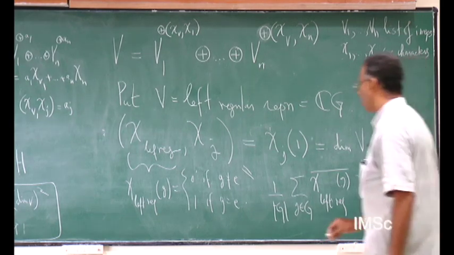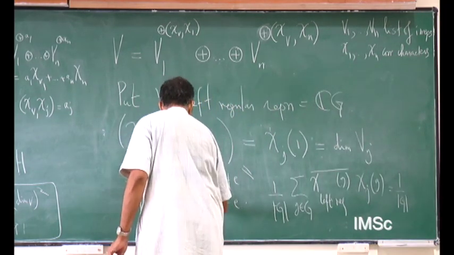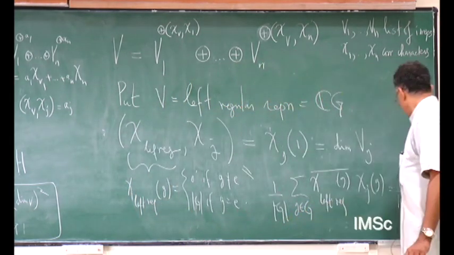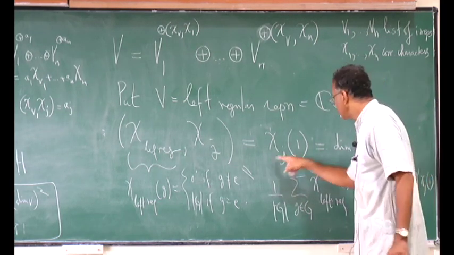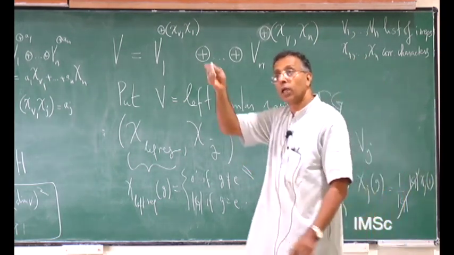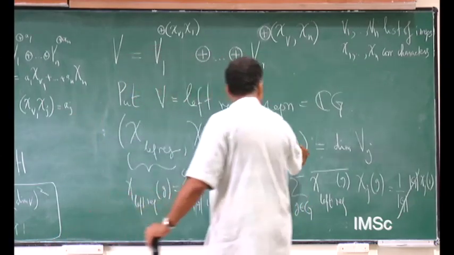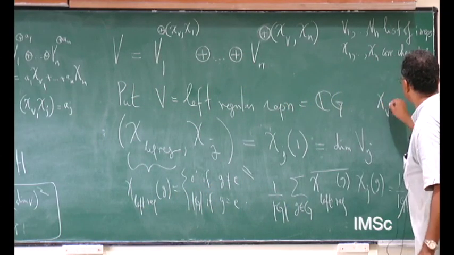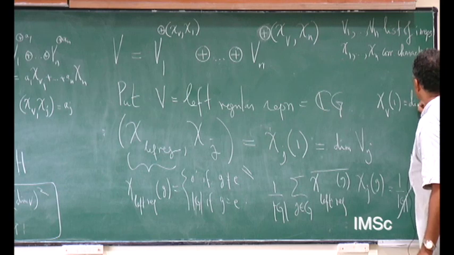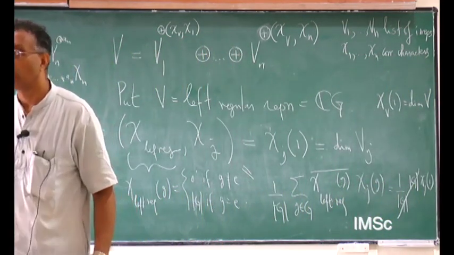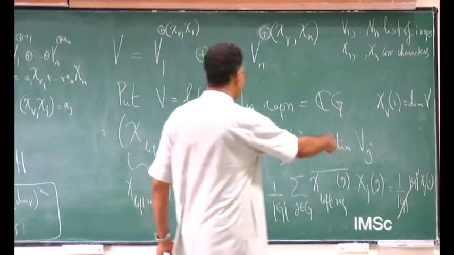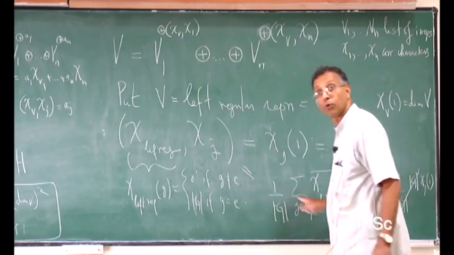So it is 1 over |G|, then |G| times chi J of 1. But chi J of 1 is the dimension of Vj, because chi V of 1 is always the dimension of V for any representation. This is a generality, and this is the proof.